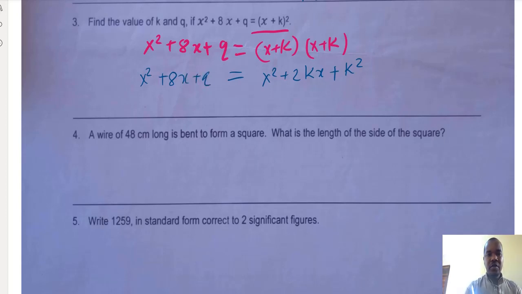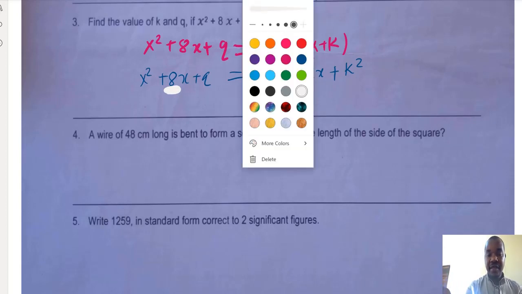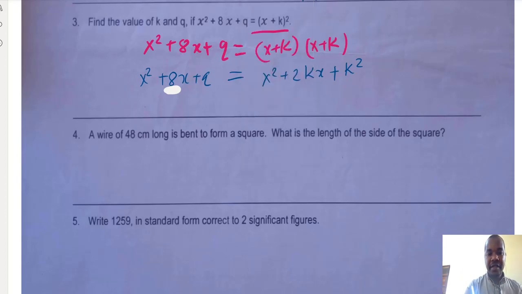So now we are going to compare. By comparison, the coefficient of x: 8 equals 2k.